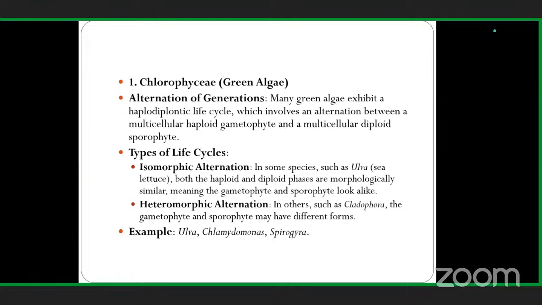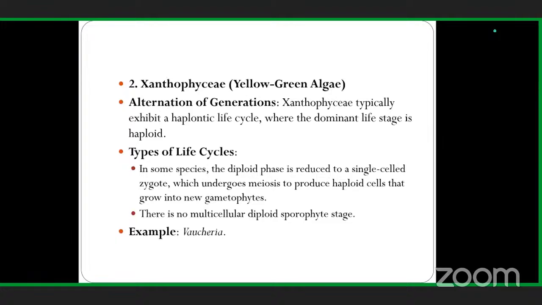The type of life cycle is isomorphic in some species like Ulva, where both haploid and diploid are morphologically similar, and you will also find heteromorphic, like in Cladophora, where the gametophyte and sporophyte are different. So you will find both types. Examples are Ulva, Chlamydomonas, and Spirogyra. So haplodiplontic is present in Chlorophyceae.